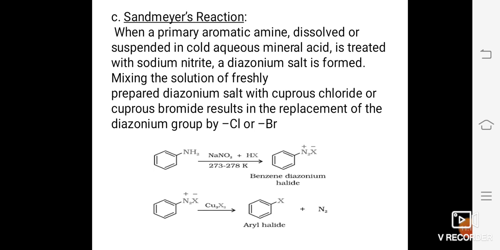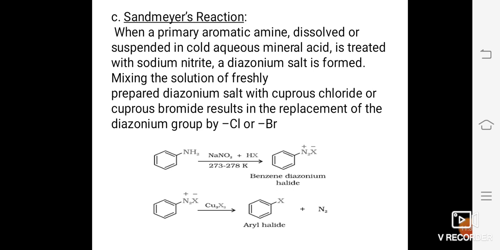The third one is the Sandmeyer's reaction. This reaction is very important, and it is named after the scientist Sandmeyer, who used this for the first time.